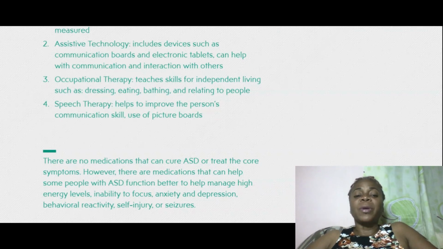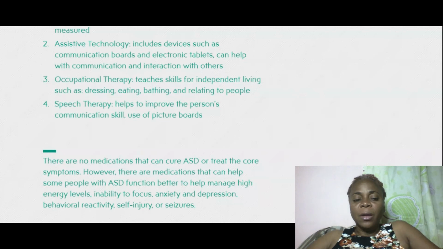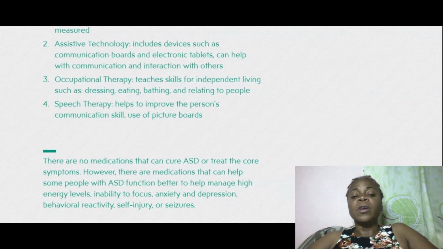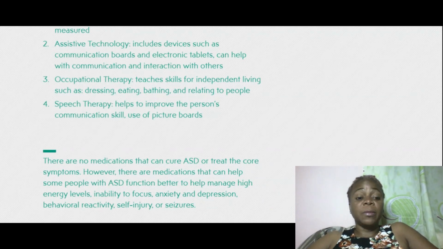In occupational therapy, the child learns skills for independent living, such as dressing, eating, bathing, and relating to people. And then we have speech therapy, of course, and the speech therapy will help to improve the child's communication skills. And with speech therapy, there's also the use of picture boards, or what we call PECs, picture exchange systems.